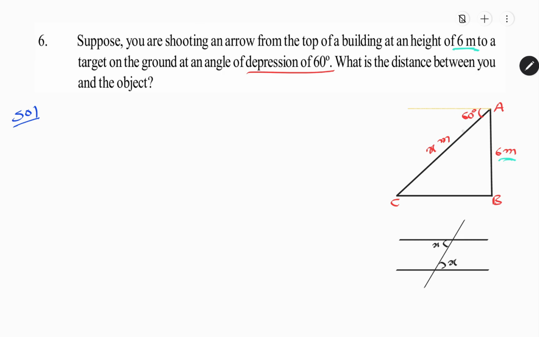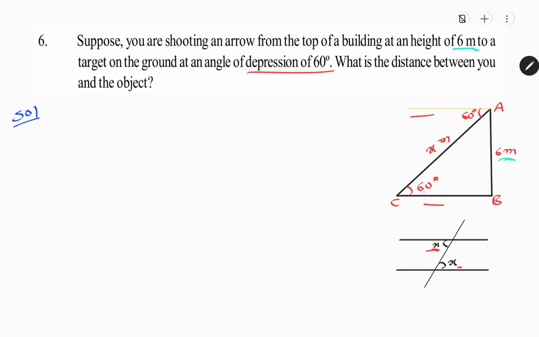Here alternate interior angles are always equal, so here 60 degrees, and the alternate interior angle here is also 60 degrees. See these two parallel lines: this is a parallel line, this is also a parallel line. If two parallel lines are intersected by a transversal line, then the alternate interior angles are always equal.